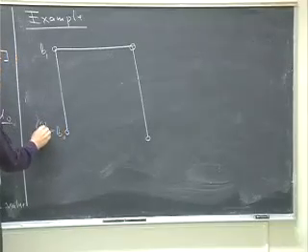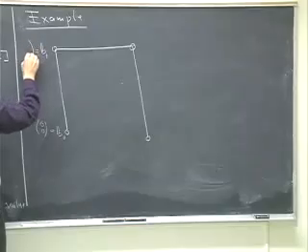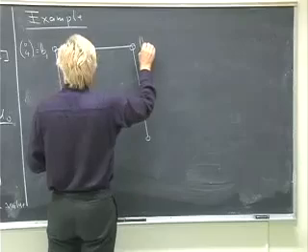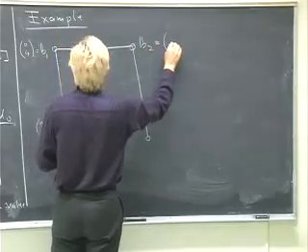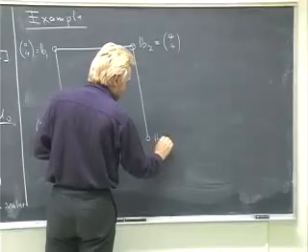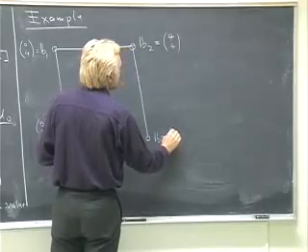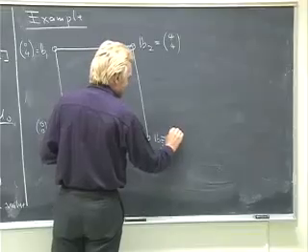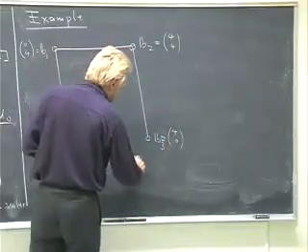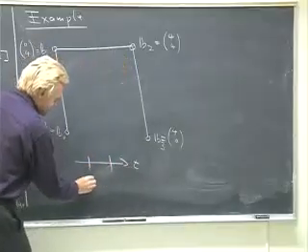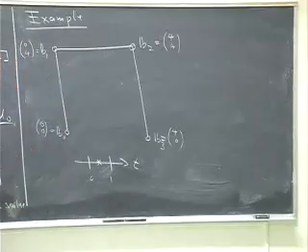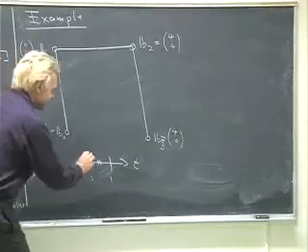This is 0, 0, this is 0, 4, this is point B1, B2, and it has components 4, 4, and this point is point B3, and its coordinates are 4 and 0. And I would like to evaluate the curve, t runs between 0 and 1. I would like to evaluate it for the midpoint, for 1/2. Where is the point on the curve? 1/2.